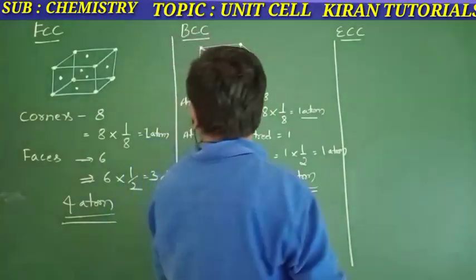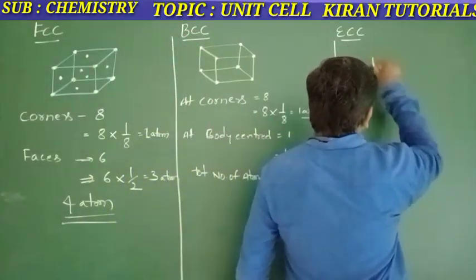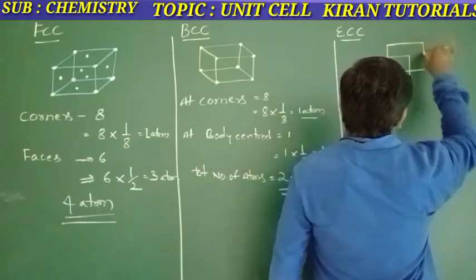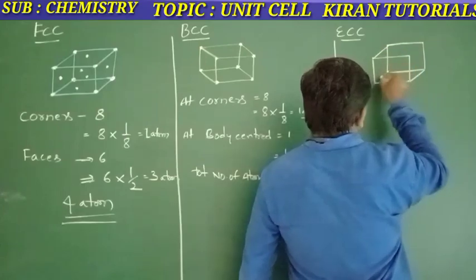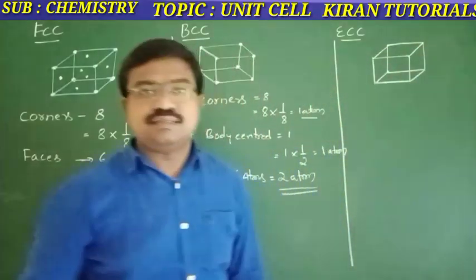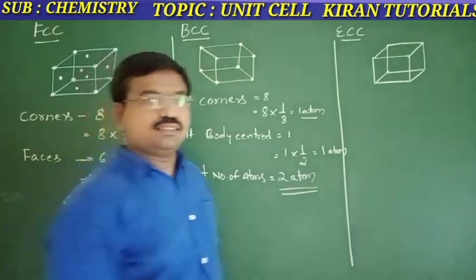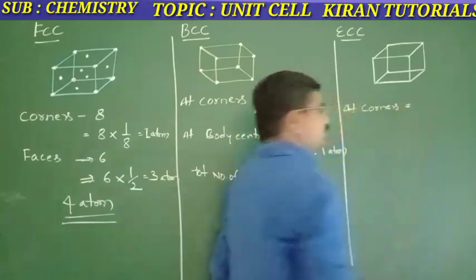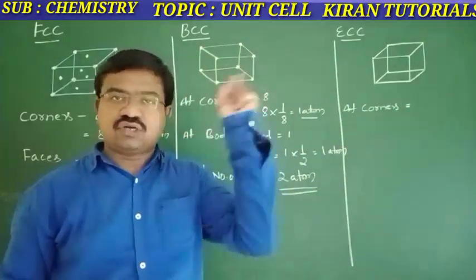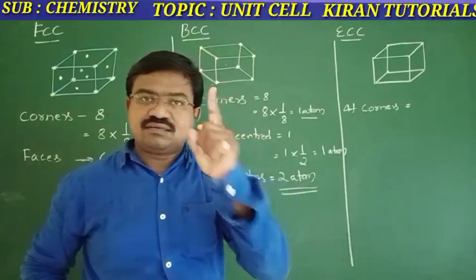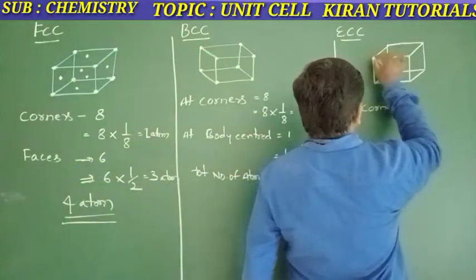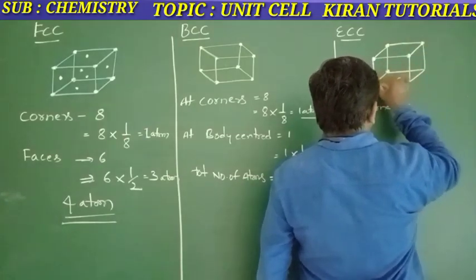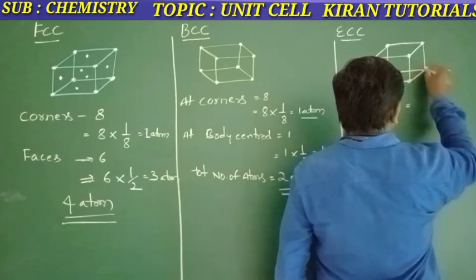If you go to the end center, see, in end center, it is another cube. In end center, first at corners, you know that all cubes have 8 atoms at the 8 corners, and each atom is shared with 8 corners. So 1, 2, 3, 4, 5, 6, 7, 8.